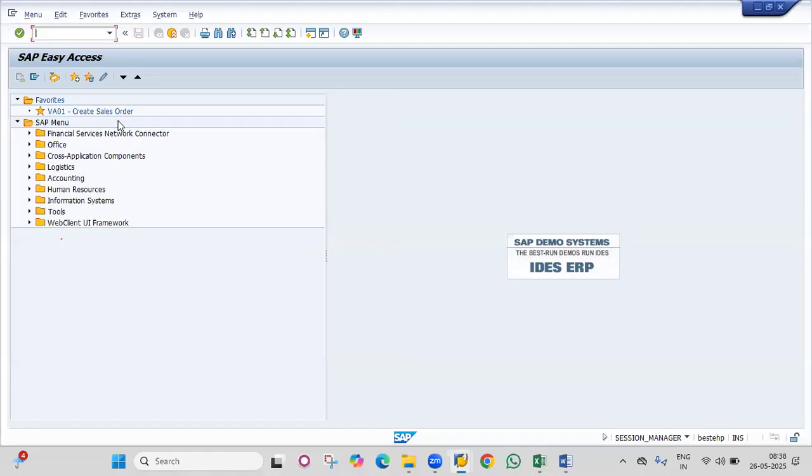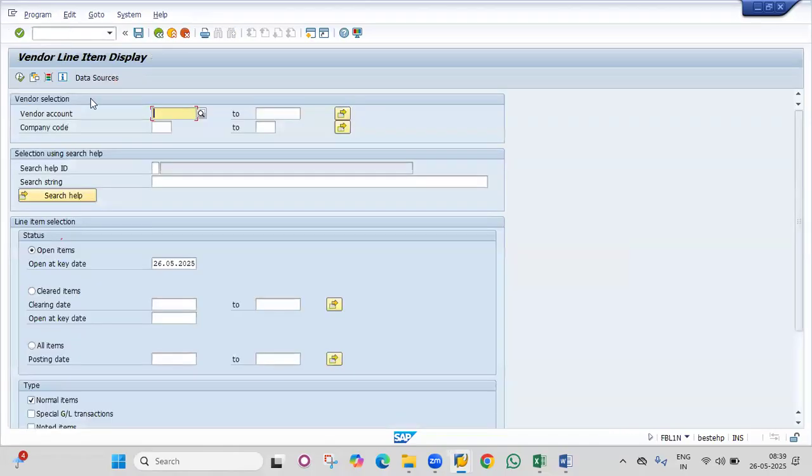I'll go into it later, just to show you how SAP works. Now in SAP, I want to see my vendor statement. I have purchased a lot of materials, and now I need to see how much I need to pay or how much I have already paid. This is the transaction code given by SAP. Give the transaction code and enter.